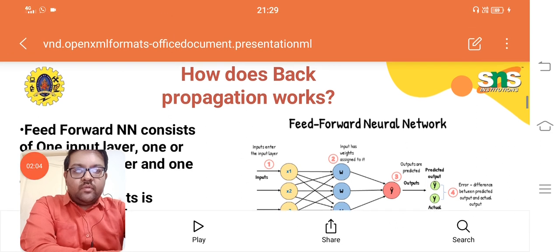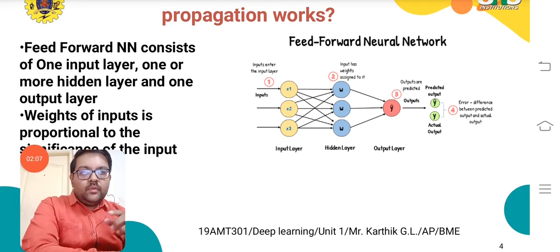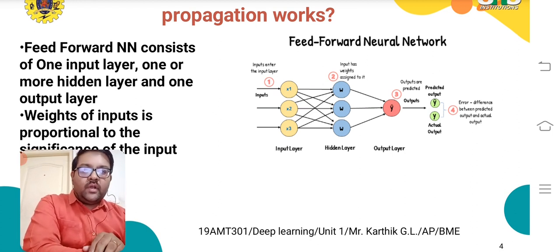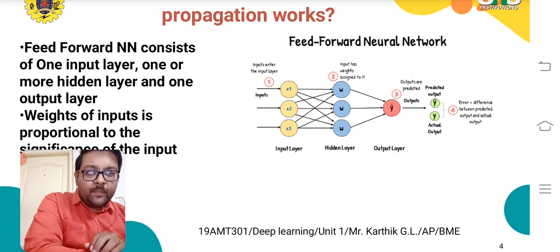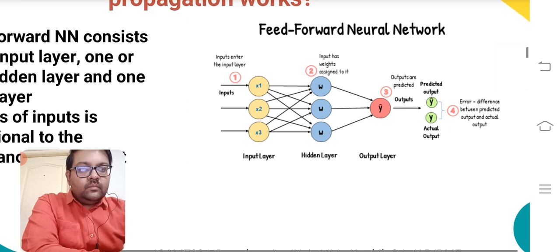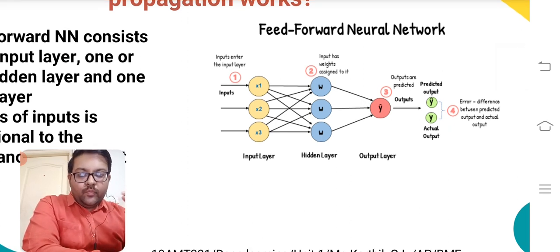How does back propagation work? We saw that back propagation is applied to the feed-forward network. A feed-forward neural network consists of one input layer, one or more hidden layers, and one output layer. The weight of an input is proportional to the significance of the input. We can see in this diagram there is an input layer, hidden layer, and output layer, and there are two outputs: the predicted output and the actual output.